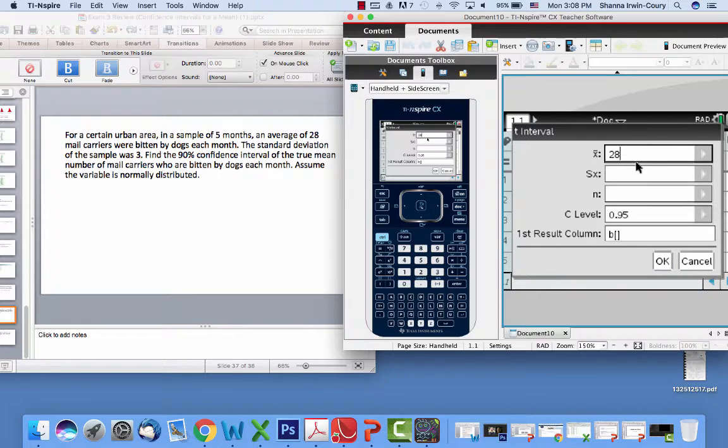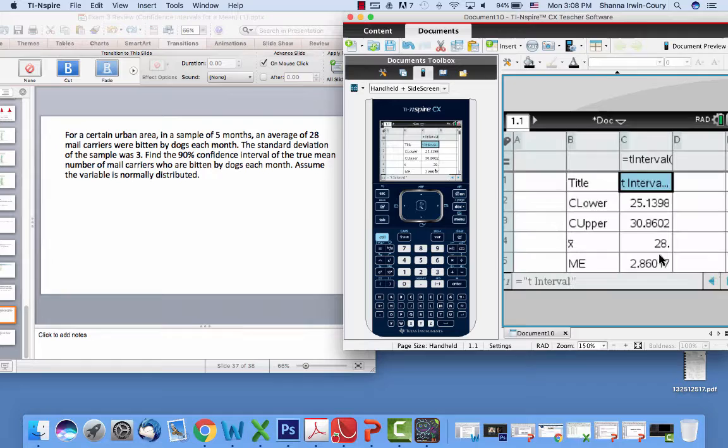The mean is 28, the standard deviation is 3, sample size is 5 because each member of the population is a month. And this time I wanted 0.90. You don't have to put the 0, but just so it's clear to you that I'm doing 90% confidence there.